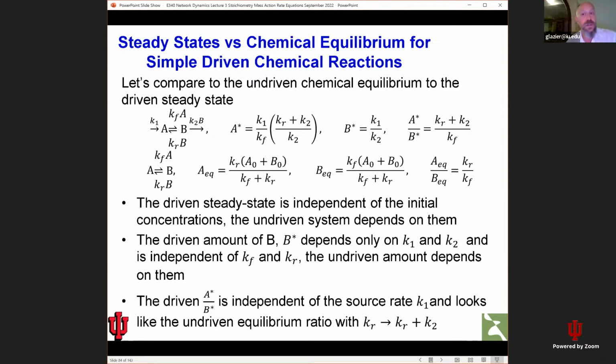And so these are very different systems. The dependencies on the parameters are different. The equilibrium, the steady state values are different, and the steady state and the ratios are different. And so even though that core reaction of reversible reaction is there, the results are quite different.